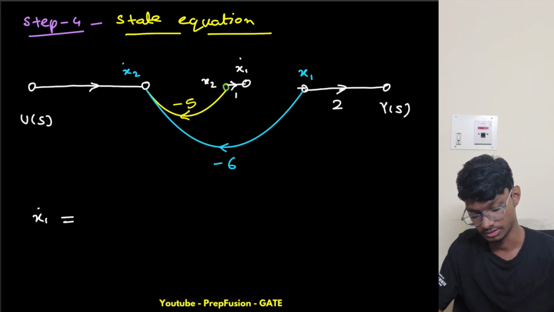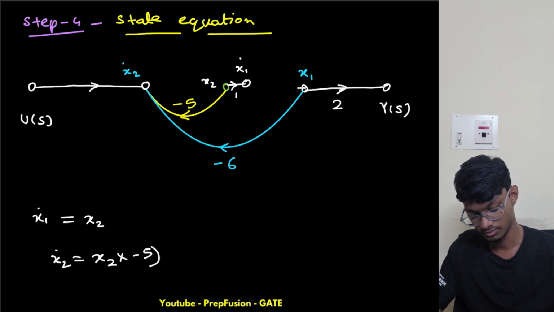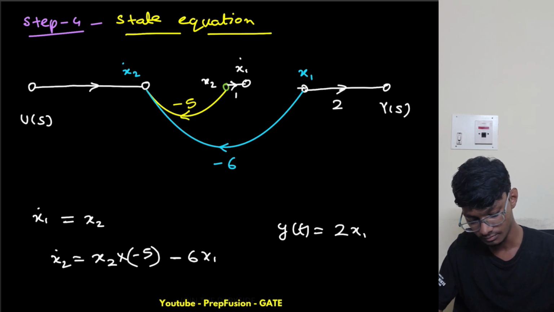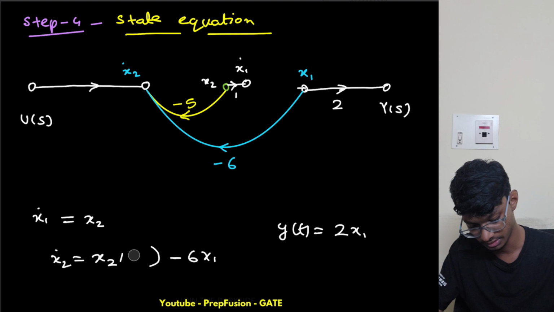So x1 dot equals x2 itself, and x2 dot equals x2 times minus 5, minus 6x1. And y of t equals 2x1.